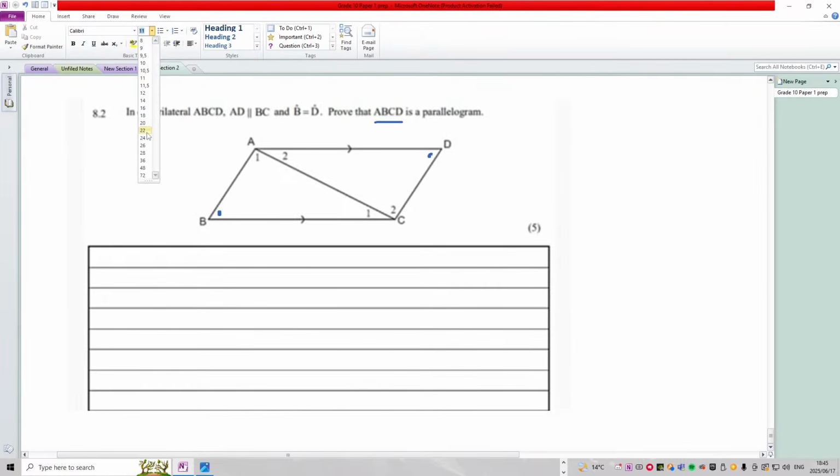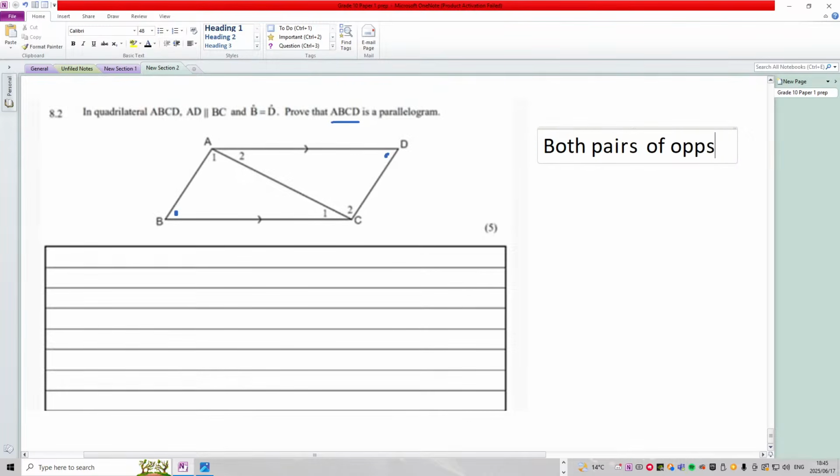Both pairs of opposite sides are parallel. That's the first. If you can prove that, it's a parallelogram.